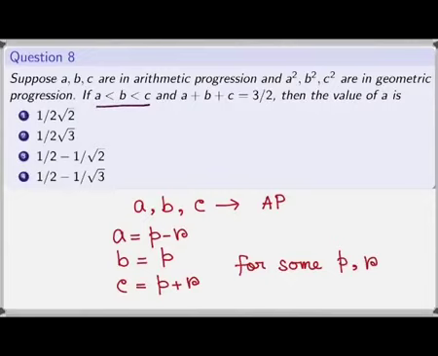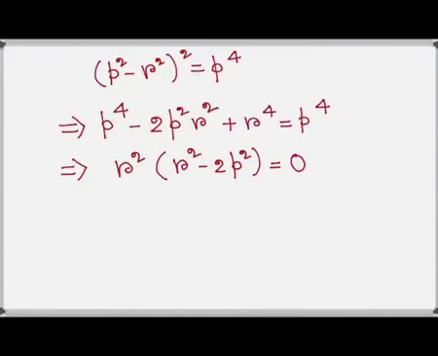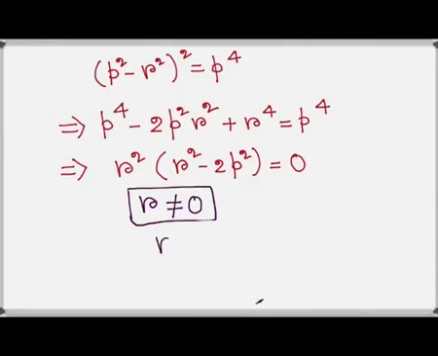A is strictly less than B and B is strictly less than C. So here we can conclude that R cannot be equal to 0. Therefore we must have R square equal to 2P square.